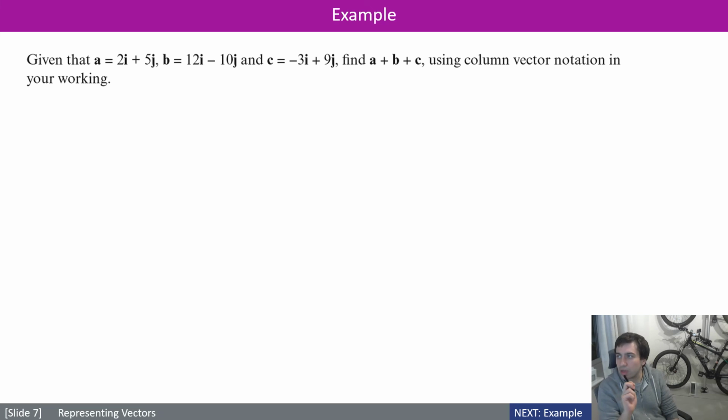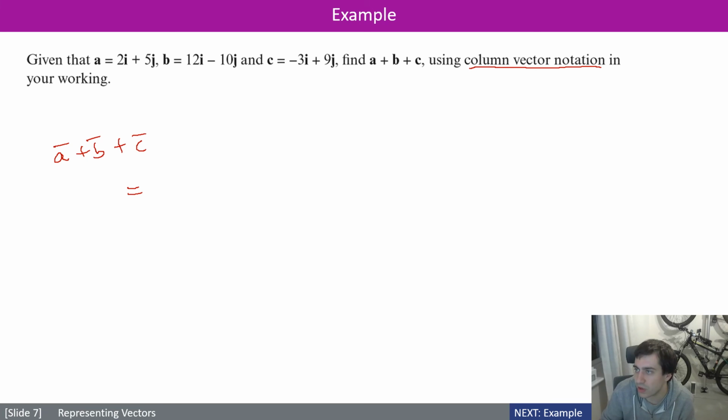Okay, two examples left. Given that a equals, b equals, c equals, find the sum of all three. Use column vector notation in your working. Mercifully, they've allowed us to use column vector notation because that is the more efficient way of writing it. So I'm going to straight away write a plus b plus c is equal to, and now let's switch to column. So a is 2i plus 5j, that's 2, 5.